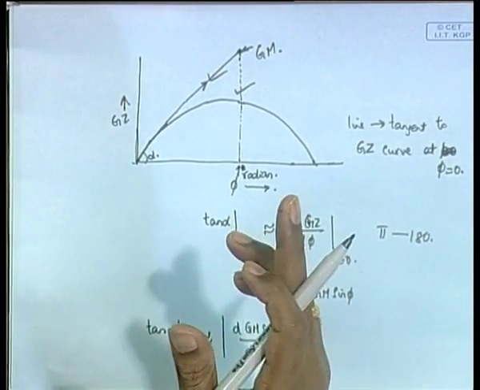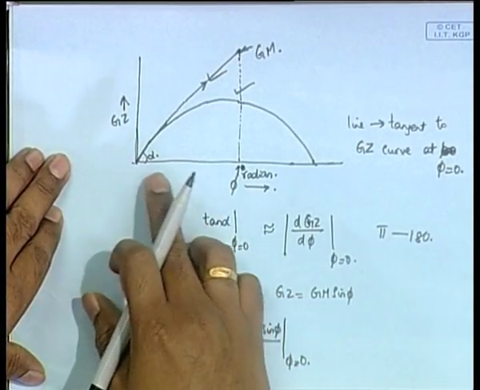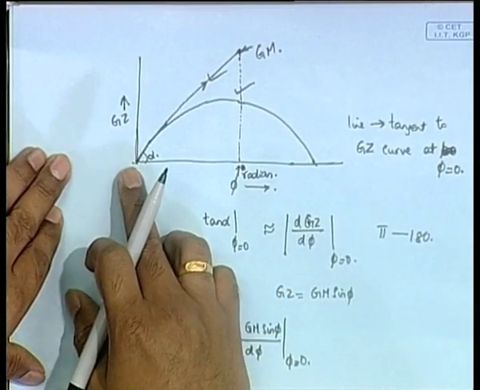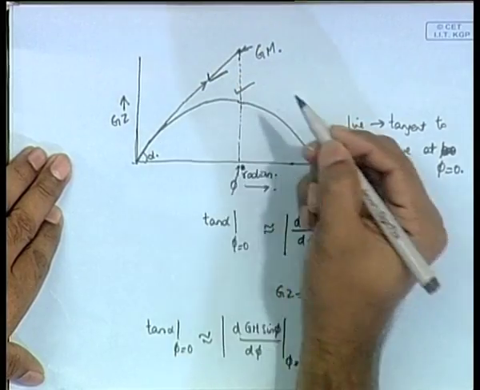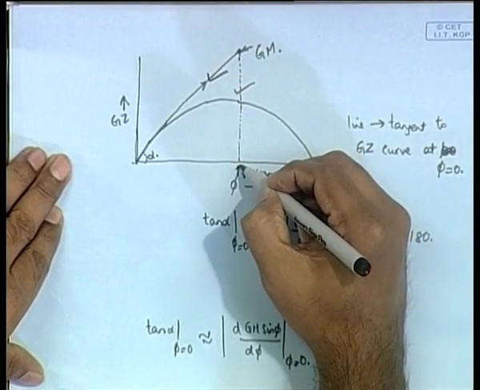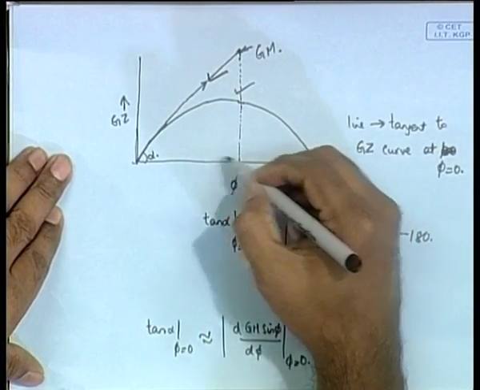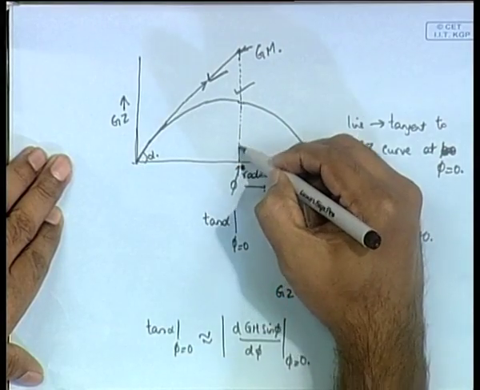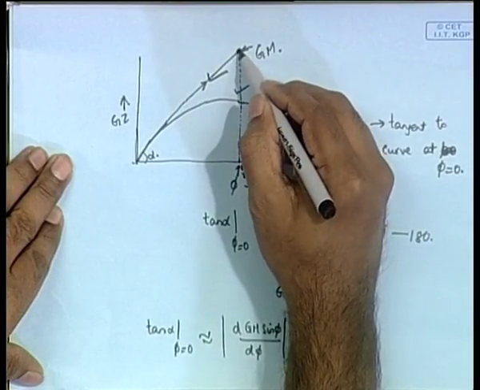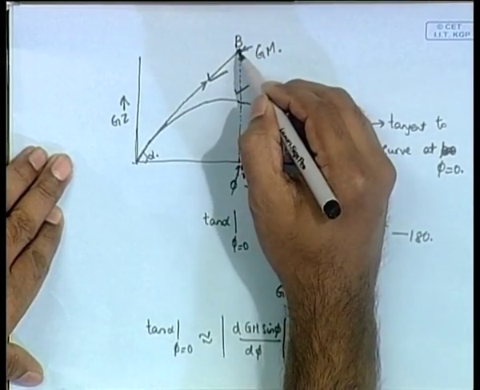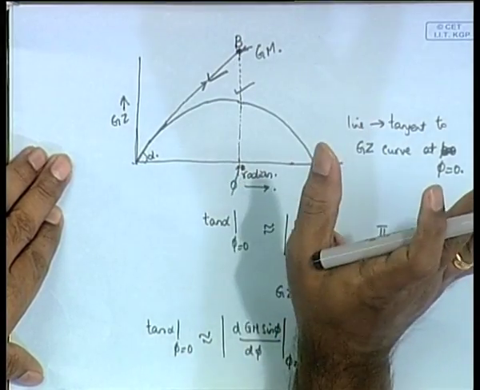And the next one, number 2, the second part is this thing. If you draw a tangent at phi equal to 0 to the statical stability curve, let that be one line. If you draw another line at a heel angle of 1 radian, a vertical, they will intersect at one point, this point B, and this distance will be equal to GM. Okay, that is the second concept.